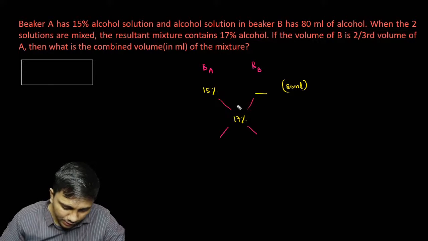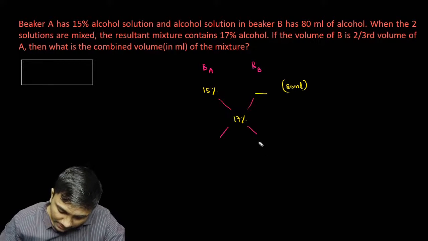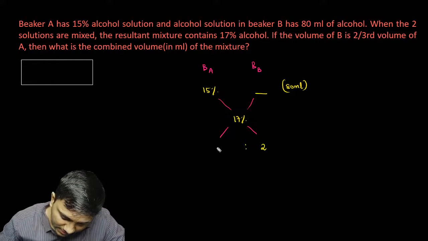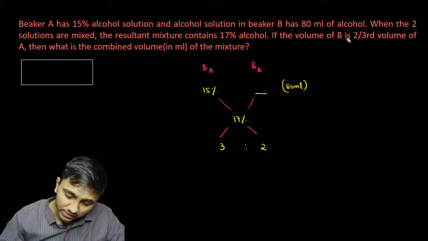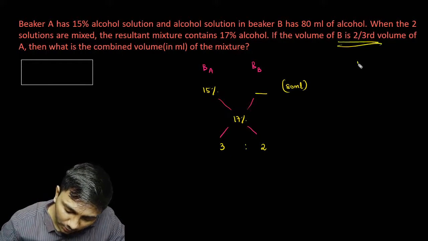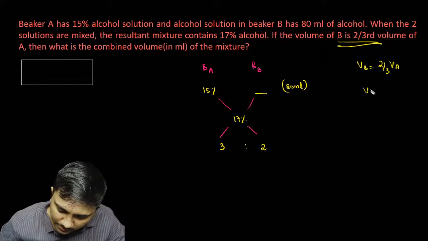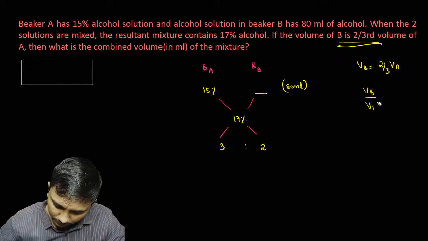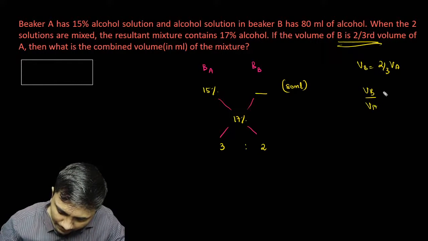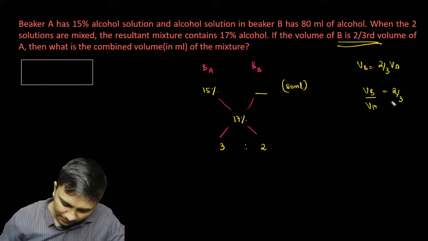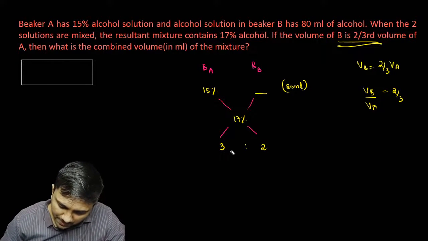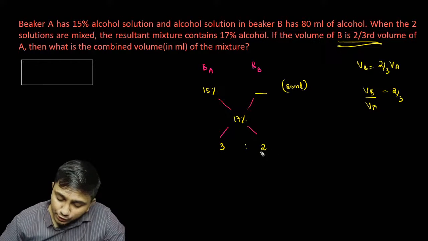So volume of B by volume of A should be in the ratio 2/3. So A is to B should be 3:2. So in this ratio they should have got mixed.